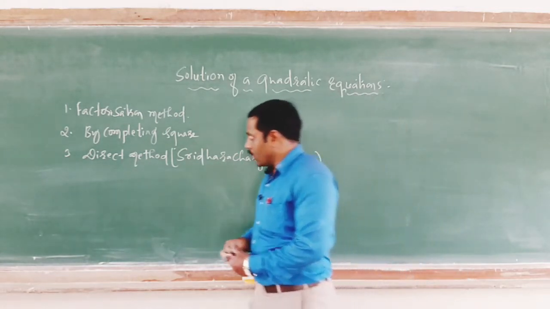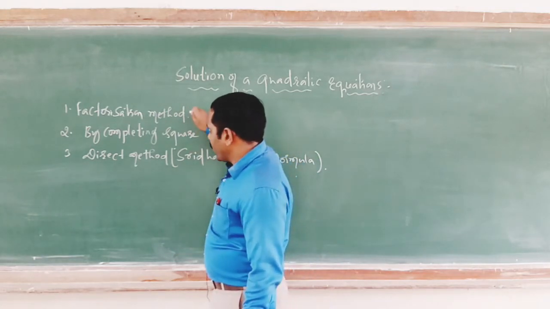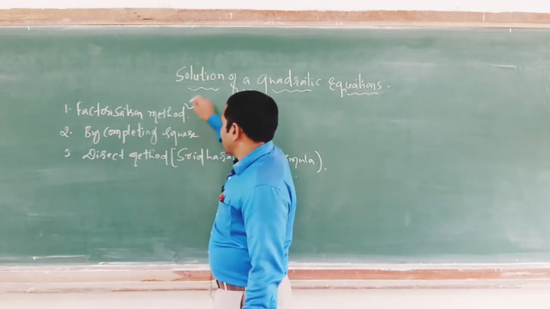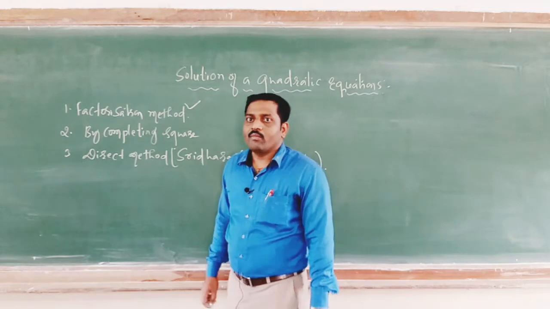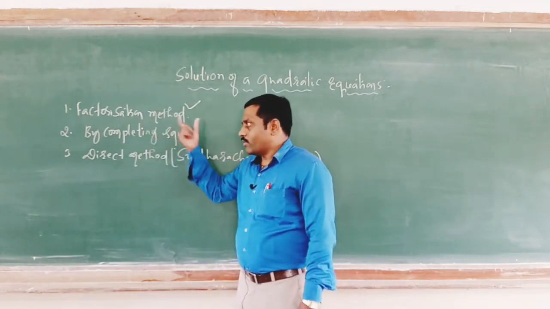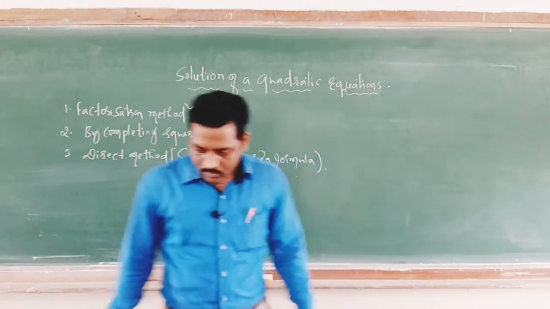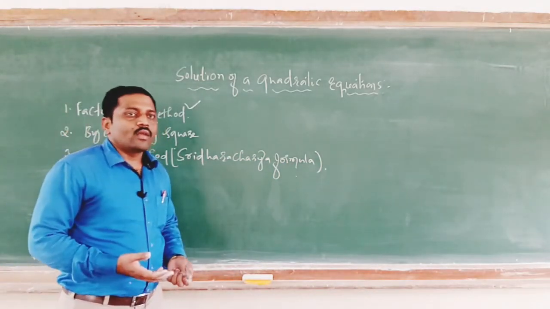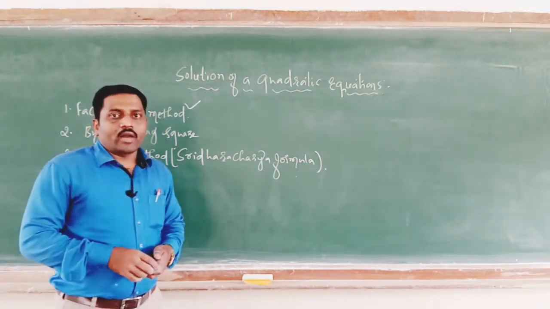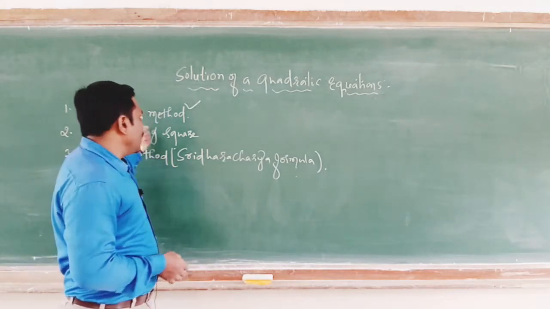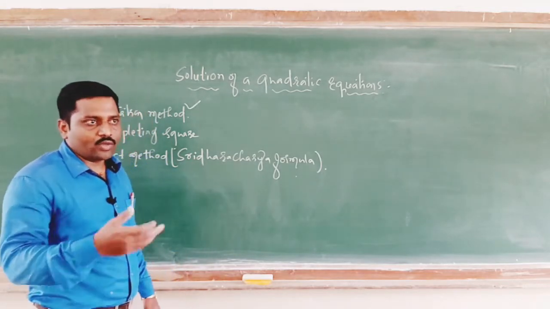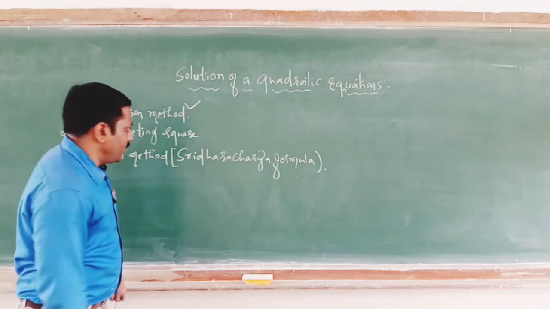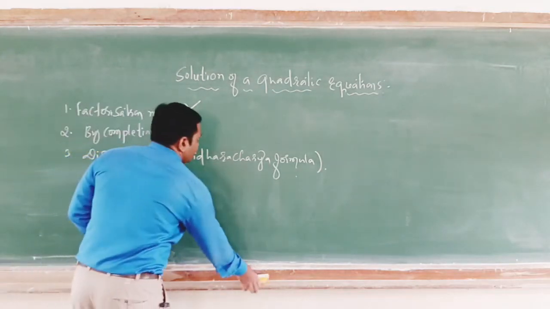Particularly in this video we are going to find the solution of a quadratic equation by the factorization method. So what is the factorization method and how do we find the solution of the quadratic equation using it? Let us see an example.